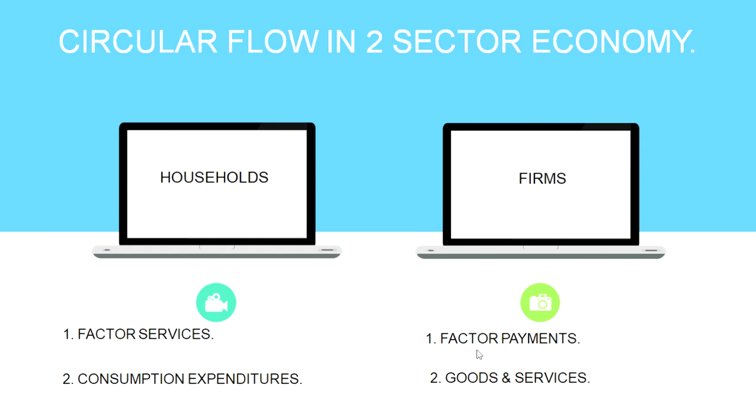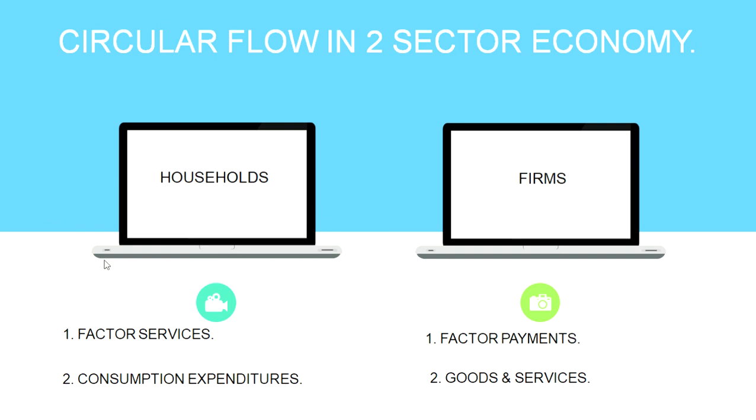Payments made in terms of rent, wages, interest, or profit are called factor payments. Now, getting this factor income, households make consumption expenditure, which means they spend the income received on the purchase of different goods and services produced by the firms, which is called consumption expenditure.